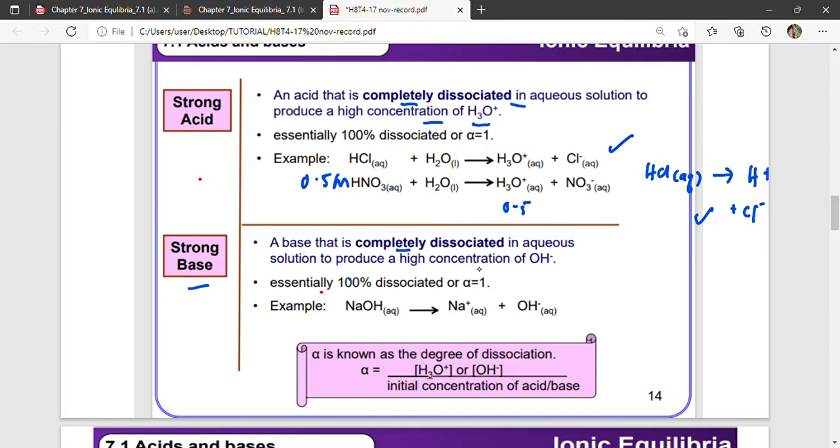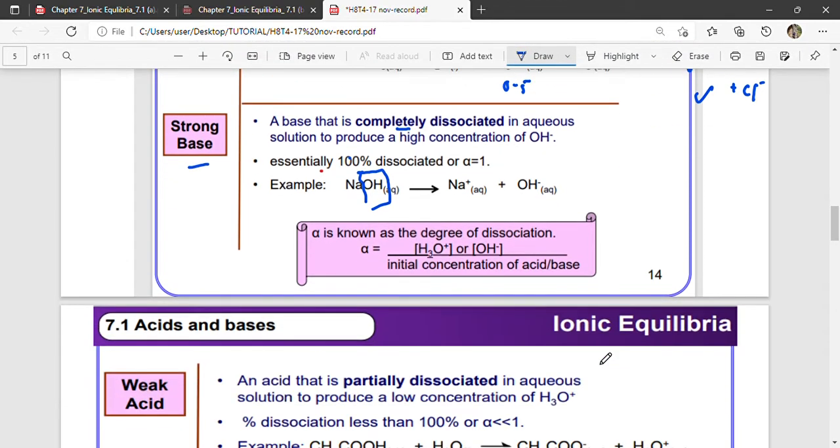So we just dissociate, separating OH- from NaOH. Then we get Na+ and OH-. So that is the way we write the equation for strong acid and also strong base.